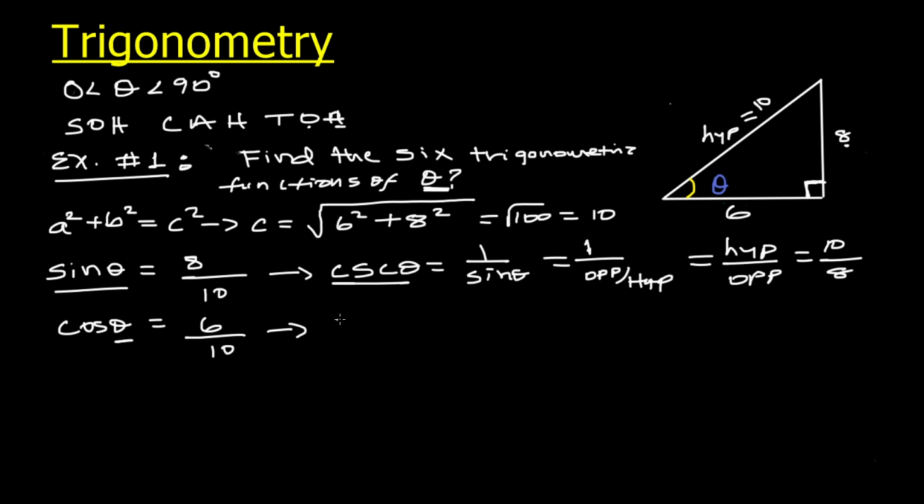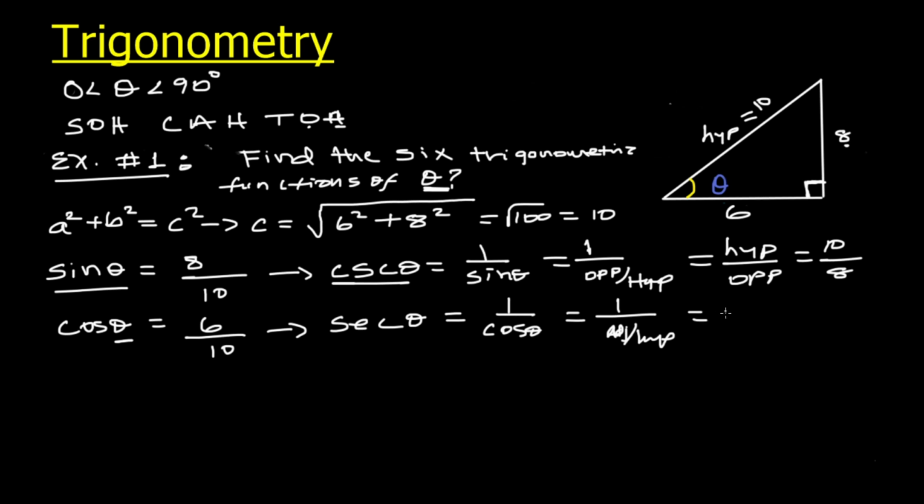Cosine theta is related to secant theta, which is 1 over cosine theta, which is also 1 over the equation of cosine, adjacent side divided by hypotenuse.